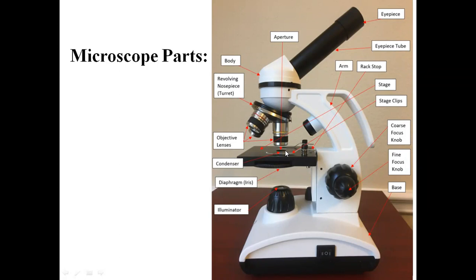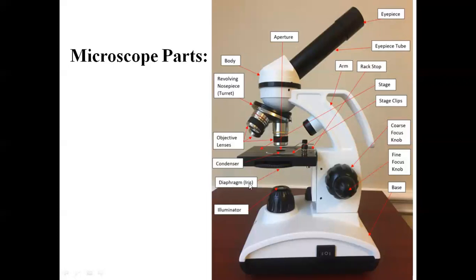So this is all about the different parts of your microscope and their function. Here the illuminator is the source of light.